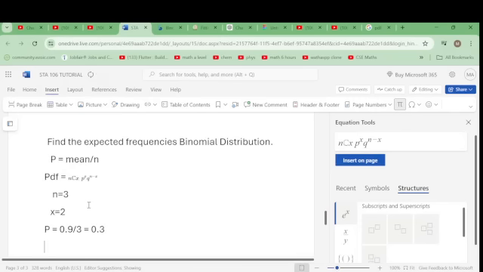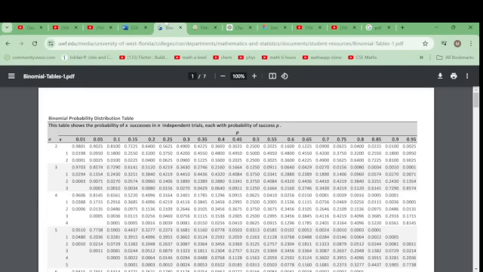So we have our p. Our p equals 0.3, our n equals 3, and our x is 2. Just use this table with all this data. So you come here: when n equals 3, this is the 3 here, and our x equals 2 here. This is 0 at the top, and this is 1, 2, 3.